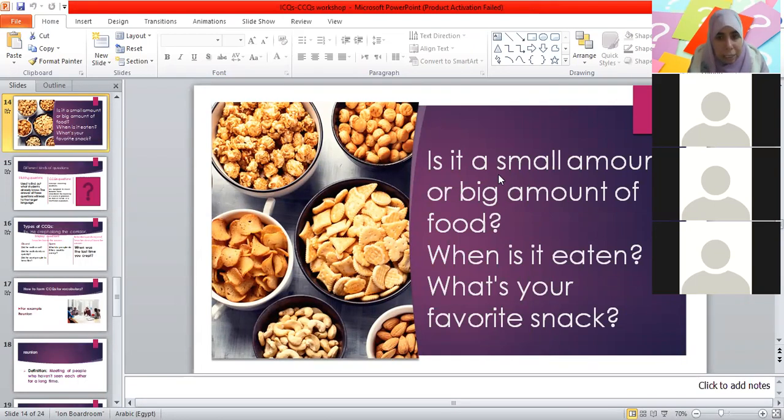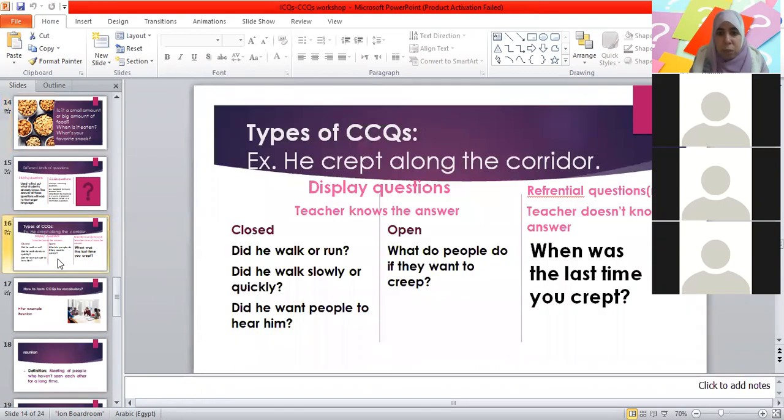The third one, yes, Alia, it's referential. Thank you, Alia, thank you, Raghda, and thank you, Fatma. That's right. So these are the kinds of CCQs. We have display questions, where the teacher knows the answer, and referential questions, where the teacher doesn't know the answer because it's related to the students, the learners.